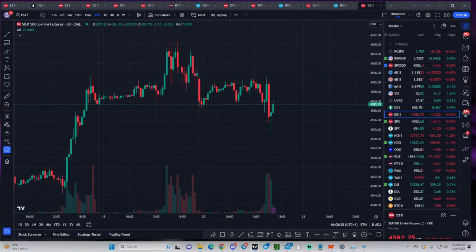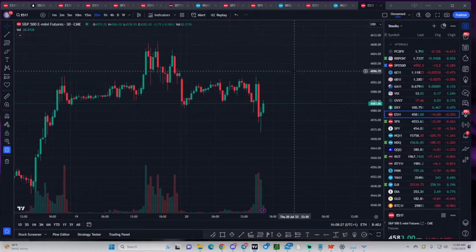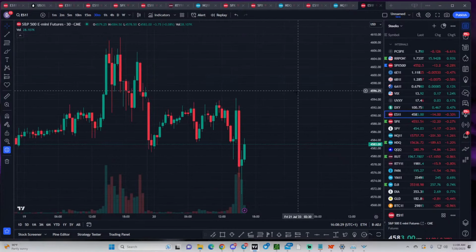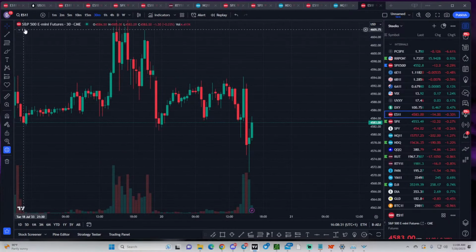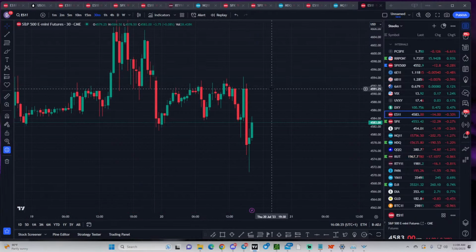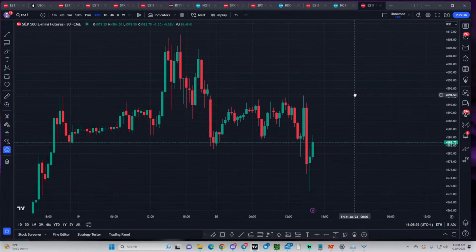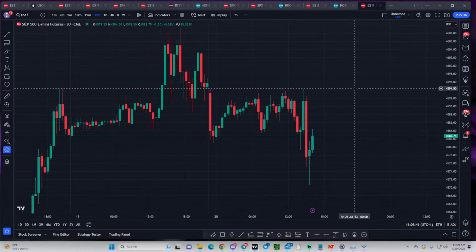So we're gonna work with the ES. TradingView has a volume profile within. Okay, and let me make sure that I cover this.